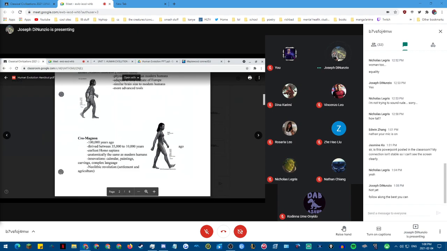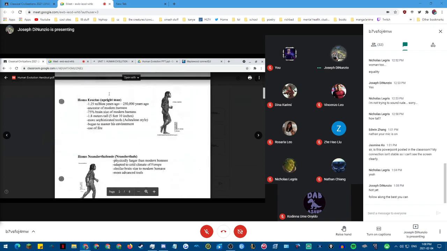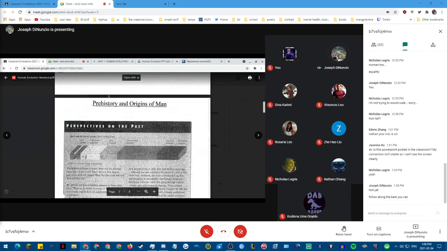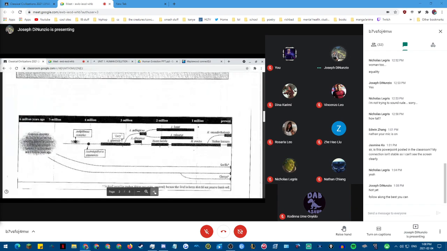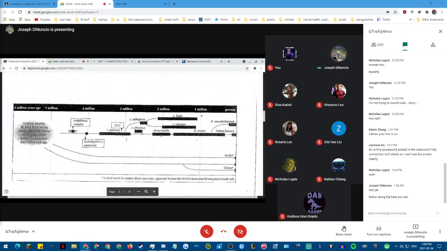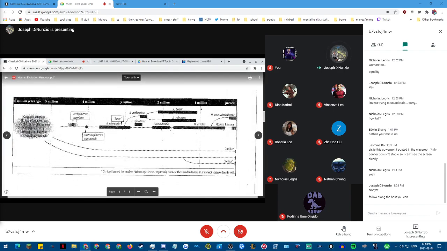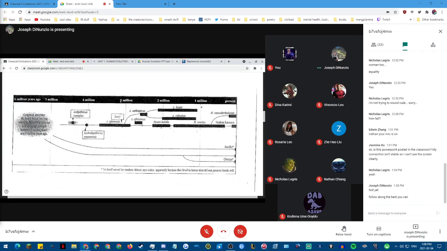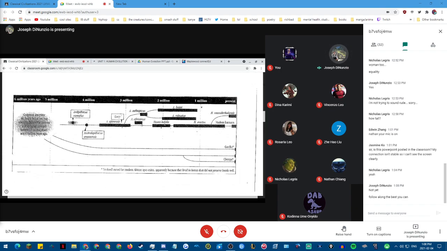This is just a brief overview of these hominids. If we take a look at this really cool timeline, it gives you a better understanding. On the left, 4 to 5 million years ago, all the way up to the present. You can see there are other species as well, like Robustus and Boisei, which we haven't talked about.